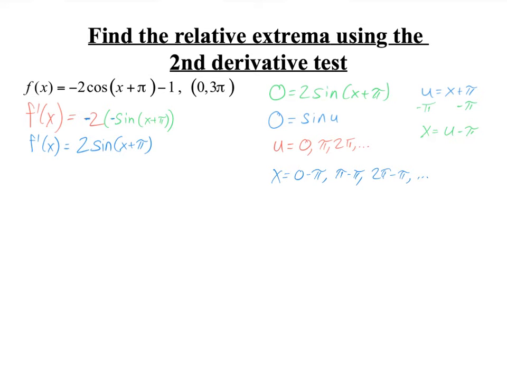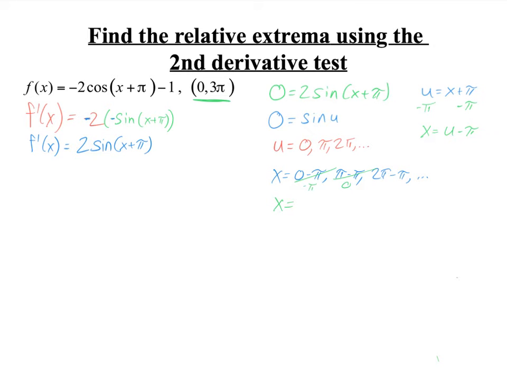I don't want all these because some of these are out of my interval, aren't they? Yeah, because isn't this negative pi? So what x values do I run into here? That's out of my interval. What's pi minus pi? Isn't that 0? But is 0 out of my interval? It's an open interval. Is 0 out of my interval? Yes. So that's out of my interval. This was negative pi, just so you saw it.